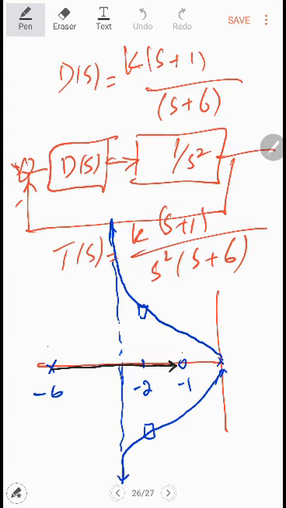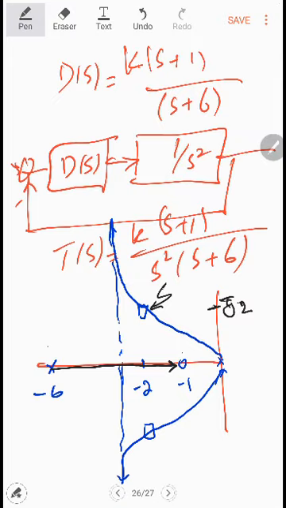The value of k at this point, what should it be? The value of k at this point can be obtained from the magnitude criteria, because we know this is equal to j2 and this is equal to -2. It can be found from the magnitude criteria, or you can also use the 1 over GH criteria, which will also give you the gain.